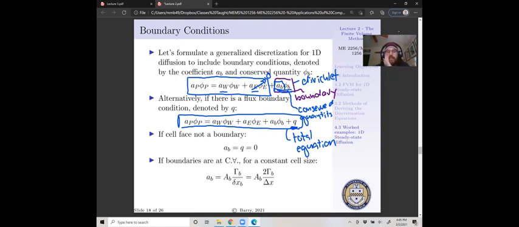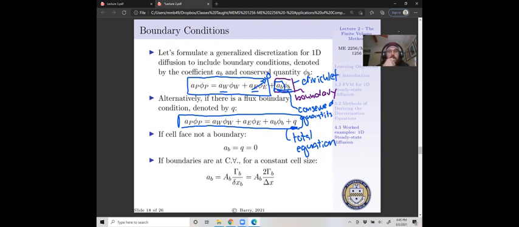This way is really calling attention to the fact that we have to treat our boundary conditions separately from the interior of our domain. You don't have to adopt this convention if you don't like it, and you can just run with our original equation as here. Nothing wrong with that. But without really paying attention to A west and A east on those ends, really simple mistakes can happen that take a while to troubleshoot.